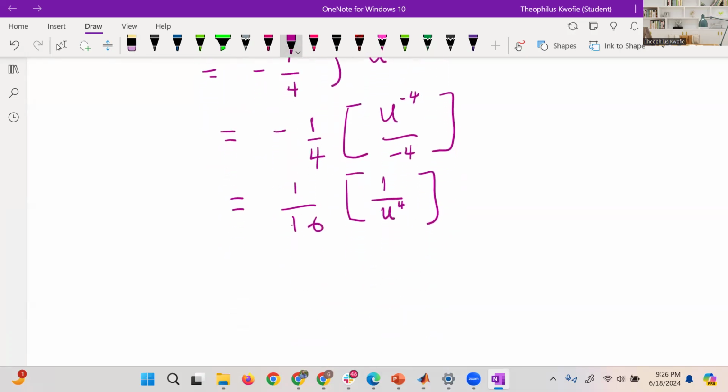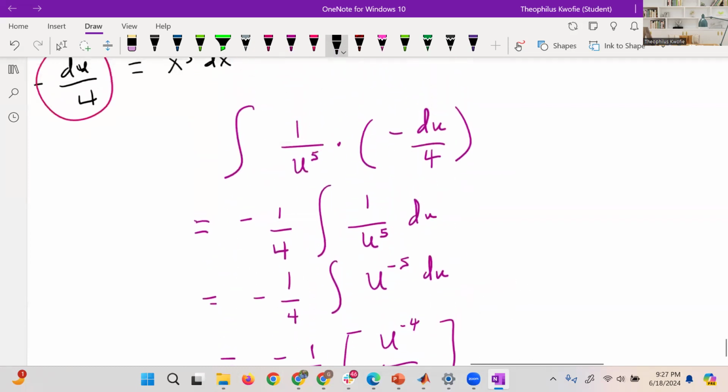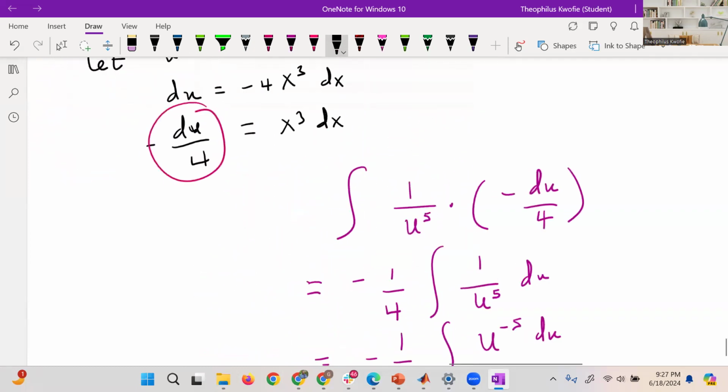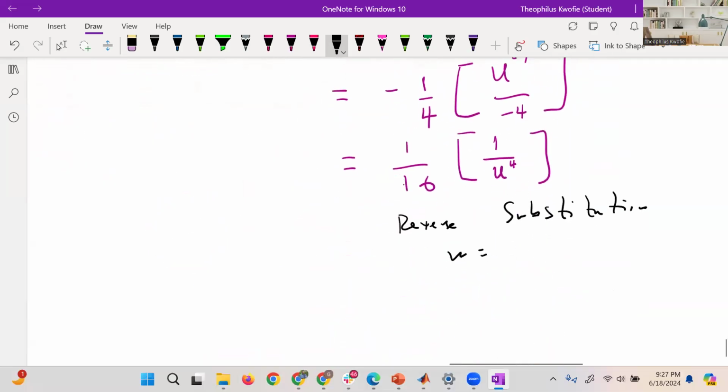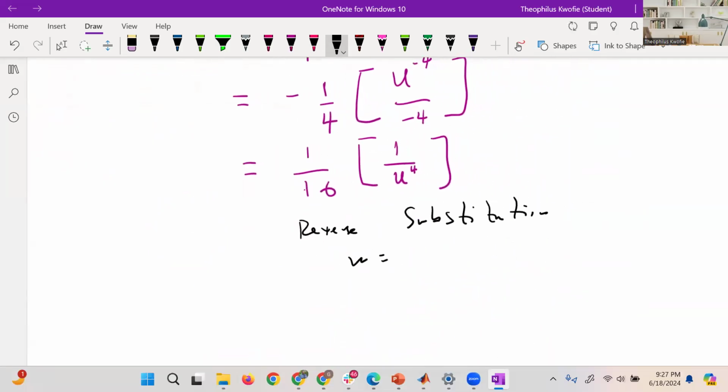Now we have to reverse the substitution, because remember, the solution has to be in terms of x. So we do a reverse substitution. Note that our u initially, we made our u equal to 5 minus x to the power 4.